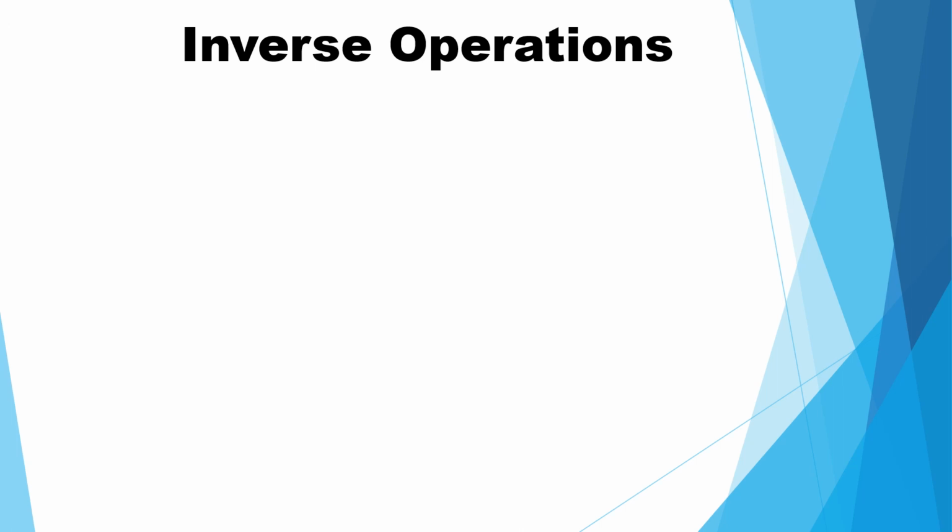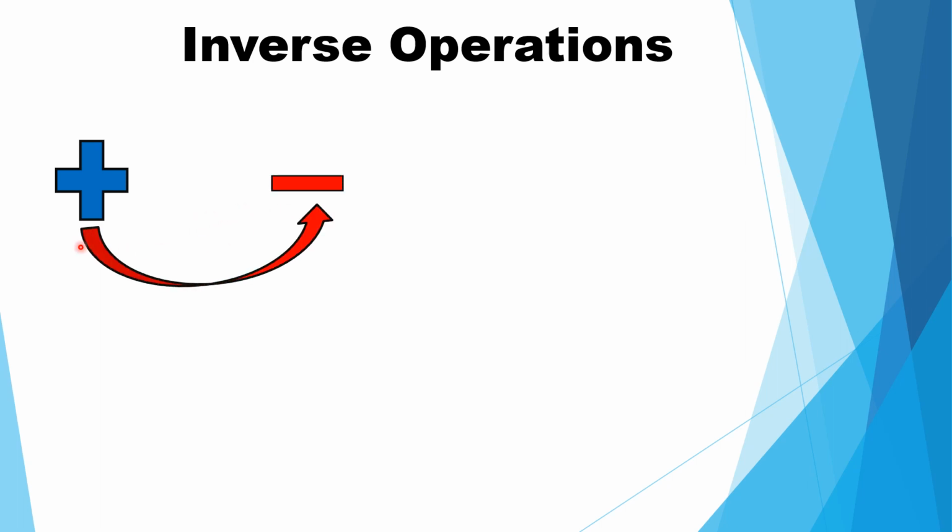Inverse operations are pairs of math operations that undo each other. For example, addition and subtraction. You can undo addition by doing subtraction. You can undo subtraction by doing addition.